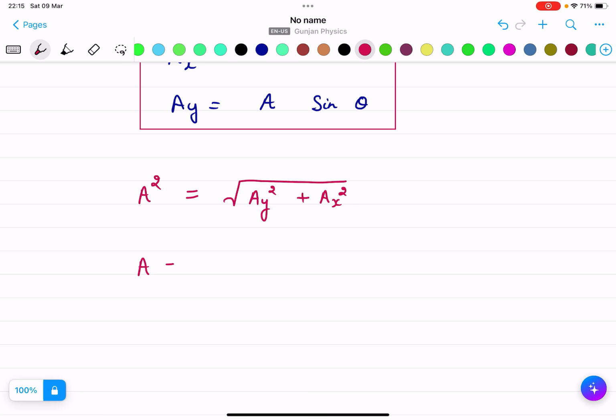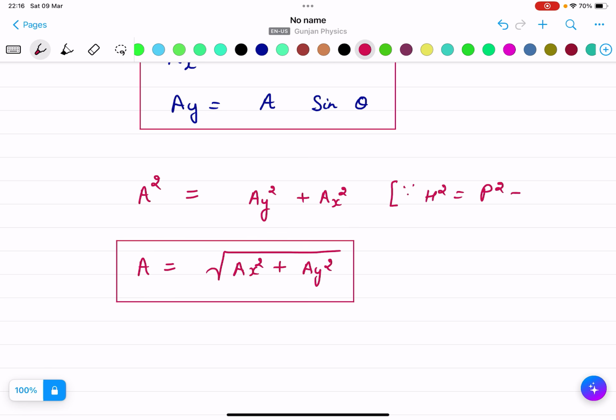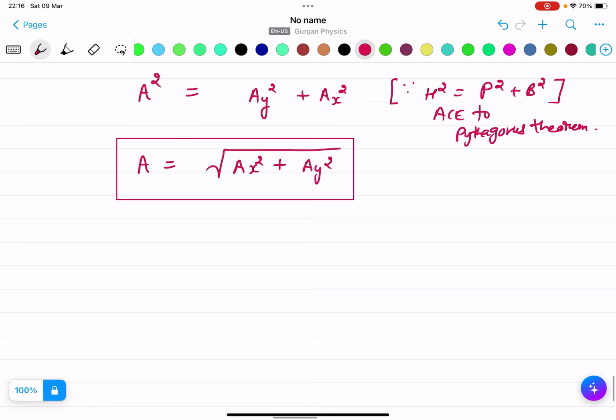So can I write A equals to the square root of AX square plus AY square? We know the formula is H square equals to perpendicular square plus base square according to Pythagoras theorem.